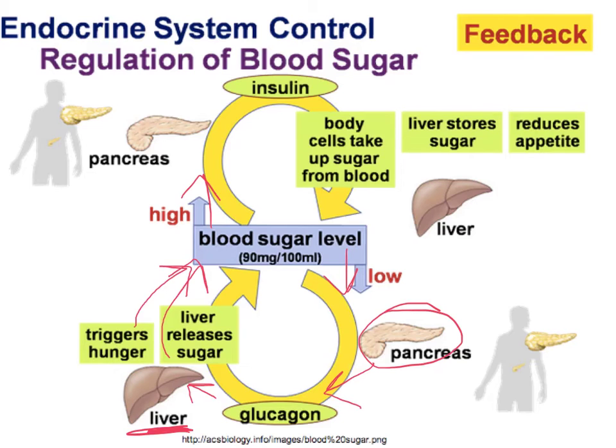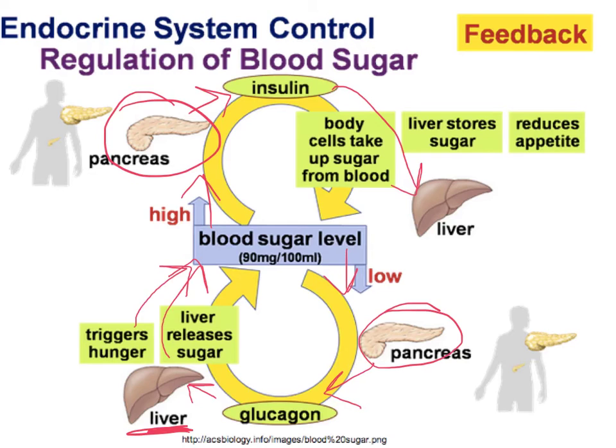Now, let's say our blood sugar levels go above the set point. Again, we have this control center, the pancreas, sensing this change. It's going to release a chemical message called insulin. You probably have heard of insulin in the context of diabetics. We'll come back to that in a sec. So then this insulin is going to be received by effectors.